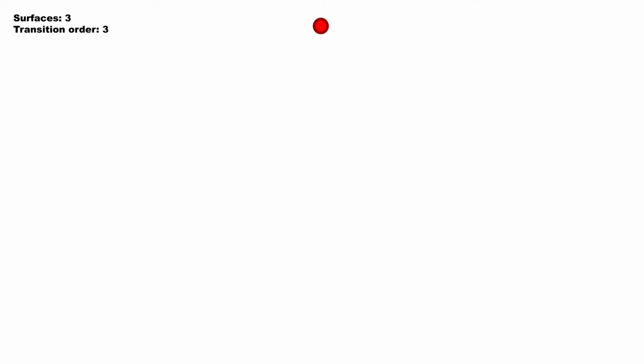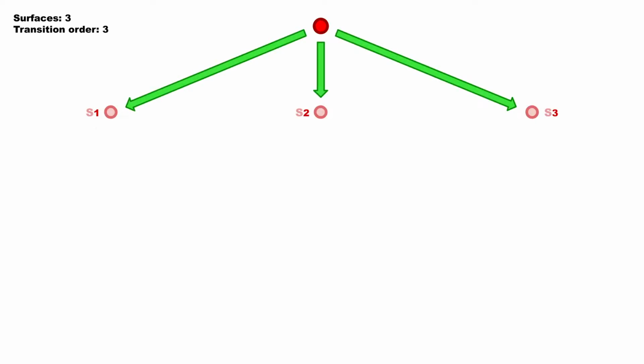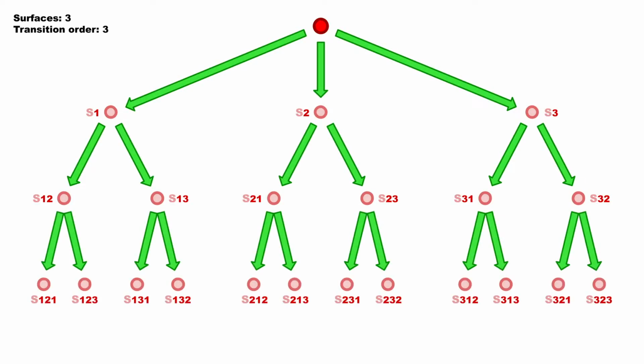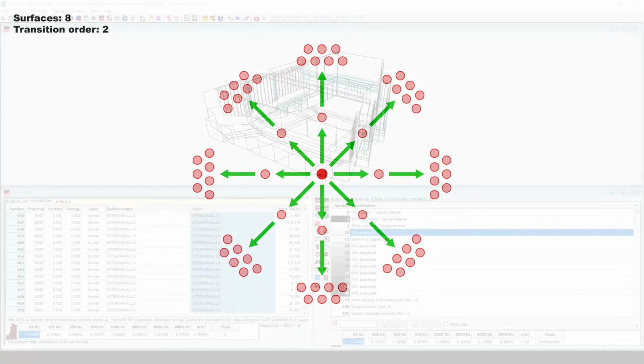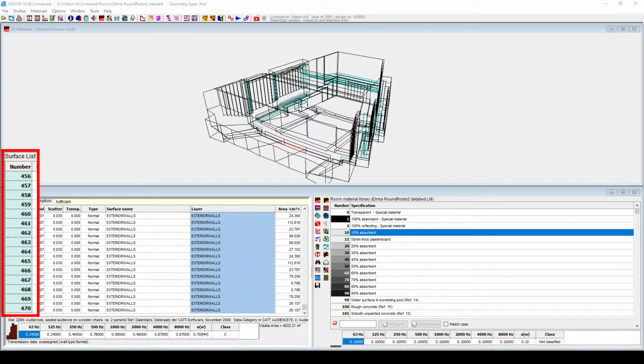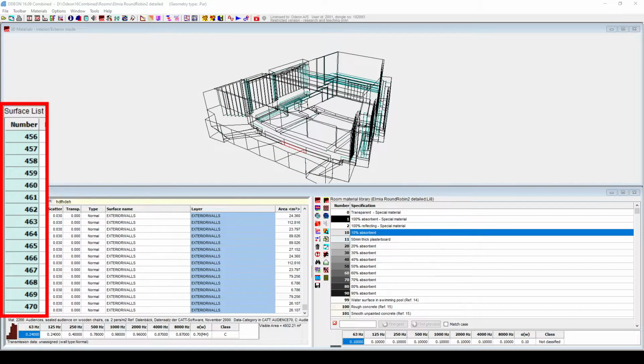However, the image source method originally requires all possible combinations of surface reflections up to a certain order. In our case, up to the transition order. The number of image sources would grow exponentially. Therefore, with a high number of surfaces, this generates a huge amount of image sources. This example is for only 8 surfaces, but a realistic project can have hundreds of surfaces.